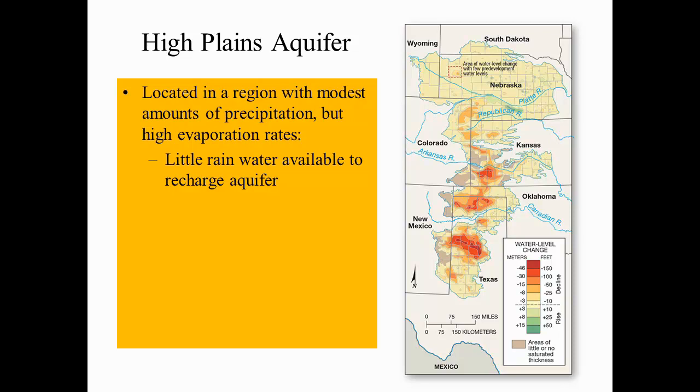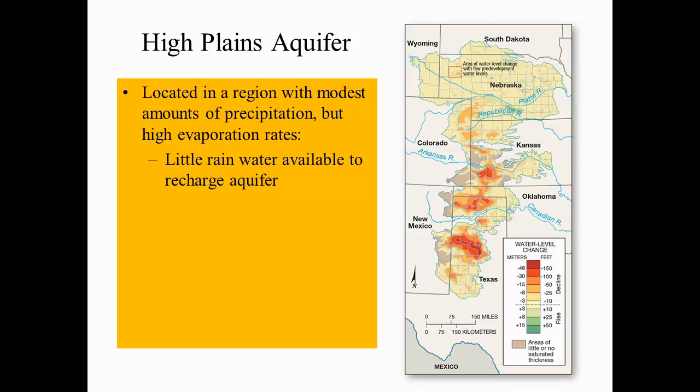One of the better known aquifers is the High Plains Aquifer, located in a region of modest amounts of precipitation but high evaporation rates, where little rainwater is available to recharge the aquifer.